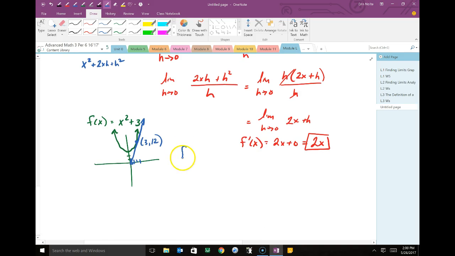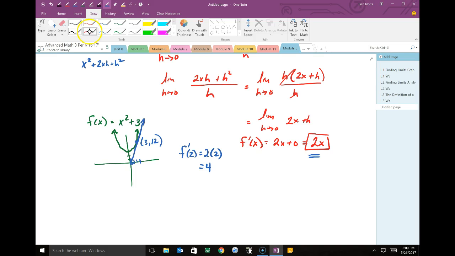I can tell you exactly what the slope is. It's exactly 4. All I have to do is take this derivative and plug in the x value of the point we're analyzing, and I can tell you the slope of that blue line is exactly 4.